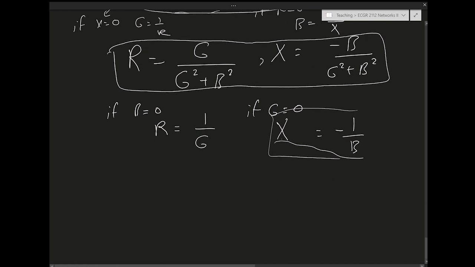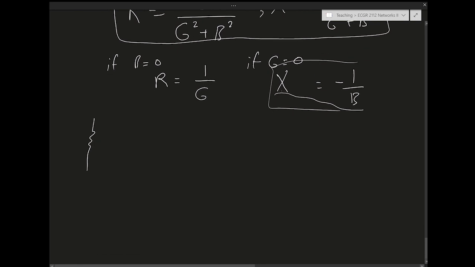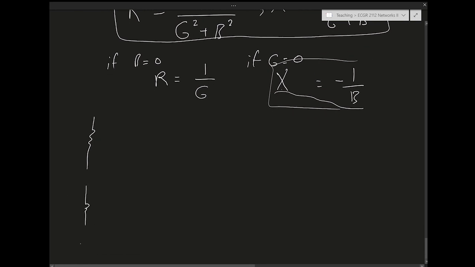Okay, for our regular passive elements, resistance, inductance, capacitance, we can do the same thing, right? So for a resistance, there's just a G component.